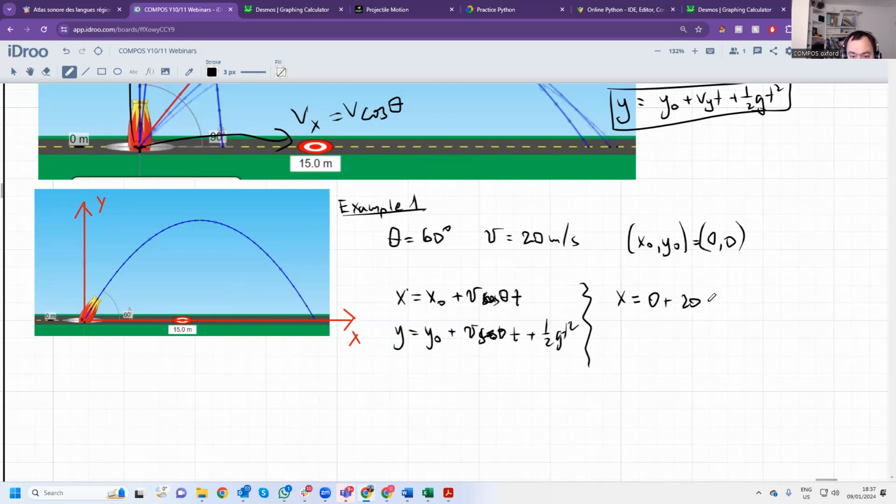Cos 60 is 1/2, so that's 10t. y is 0 plus 20 multiplied by sin theta, so that's square root of 3 over 2 t, minus, because g is minus 10, 1/2 times that is 5, so minus 5t squared. We can simplify this as 10 square root 3 t minus 5t squared. Let's see where this takes us.